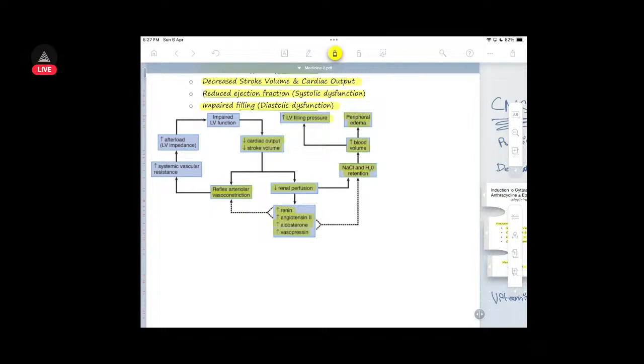It leads to sodium and water retention, an increase in blood volume, peripheral edema, and an increase in left ventricular filling. Then there is reflex arterial vasoconstriction. This again leads to increased systemic vascular resistance, which leads to increased afterload, left ventricular impedance, and impaired left ventricular function. Left ventricular filling will increase and it will impair. Increased systemic vascular resistance.